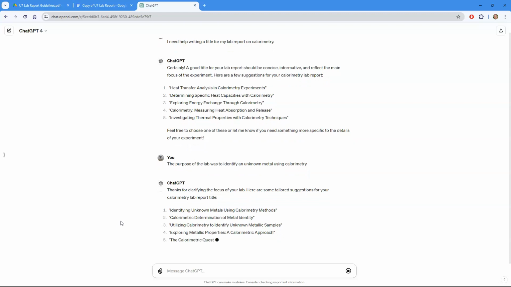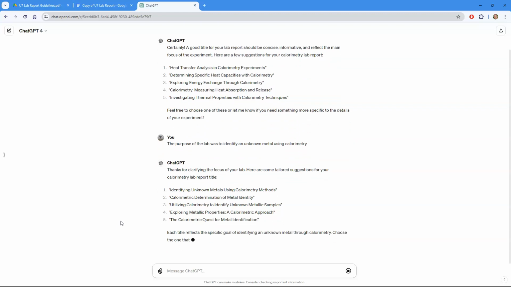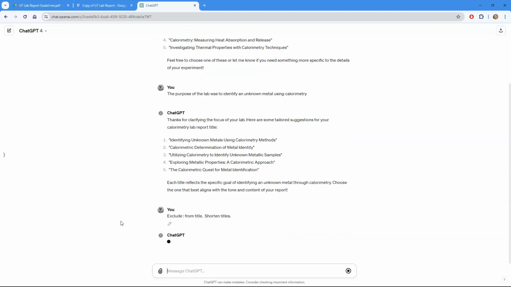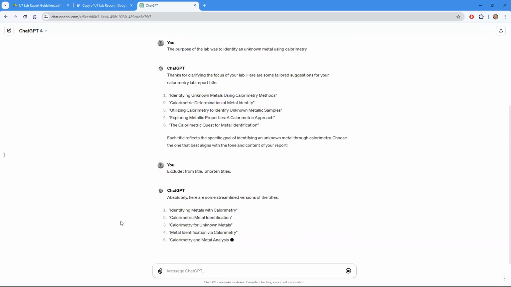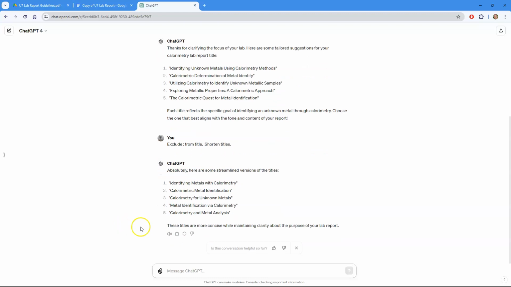Okay, now if you look at number 4, notice how it has a colon there. So I don't like that. I'm going to exclude it. And I also want to shorten them up a little bit. The more you can tweak the title, the more information you can give AI, the better titles you're going to get. So these are some better titles.